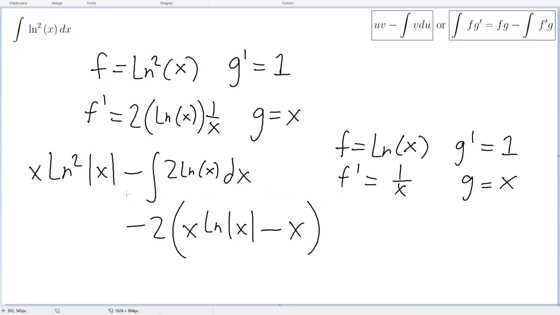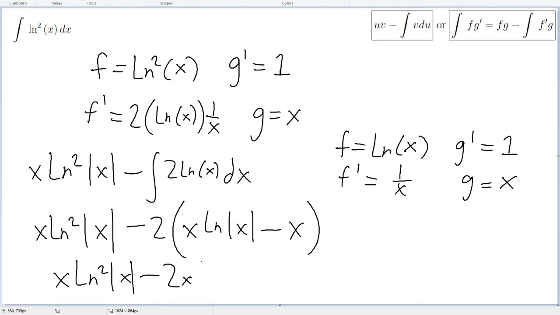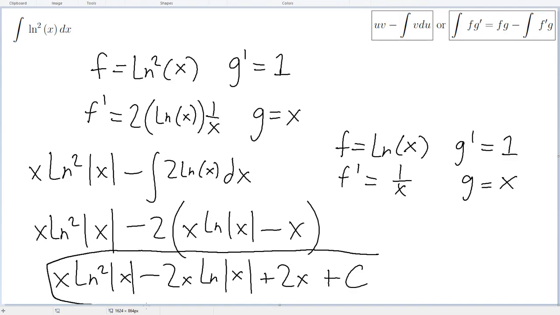So this is what we have, and now we combine it together. This is technically our answer, but you could simplify it even further. This is -2x ln of x, and then this negative distributes, so it will be positive x plus c. This should be the answer.